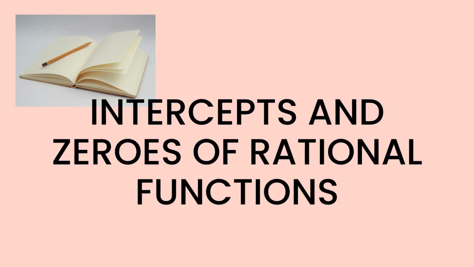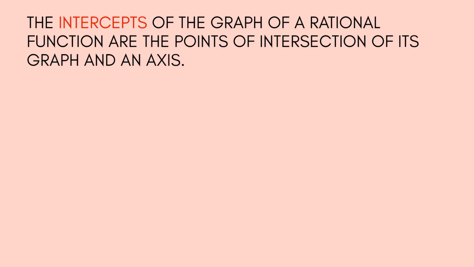Okay, so let us talk about the intercepts and the zeros of a rational function. Let us first define the terms we are going to use in this lesson. So first, the intercepts. The intercepts of the graph of a rational function are the points of intersection of its graph and an axis.